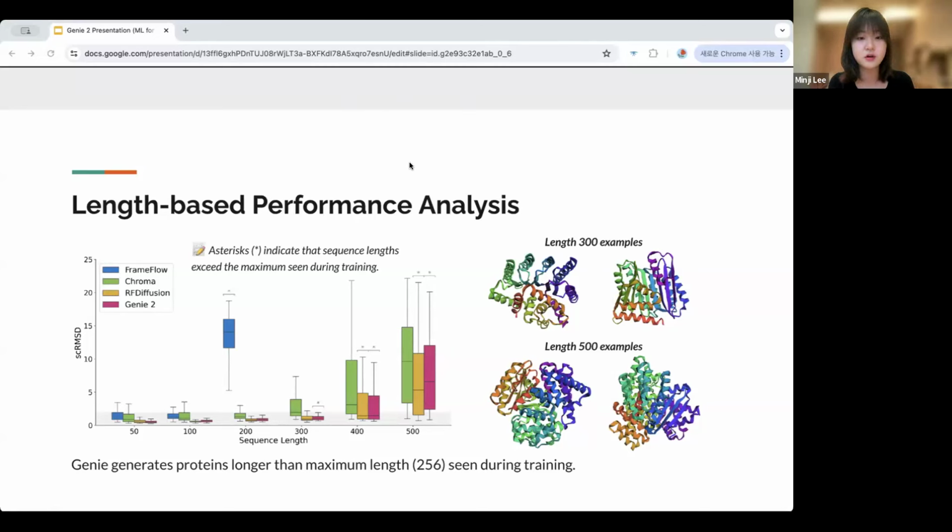Despite having been trained on monomers of a maximum of 256 residues, Genie can generate 300, 400, and 500 residue long structures with comparable or better performance than compared methods. For reference, RFdiffusion, in yellow on the plot, uses a group size of 384 residues, and Chroma, in green on the plot, includes proteins longer than 500 residues in their training sets.